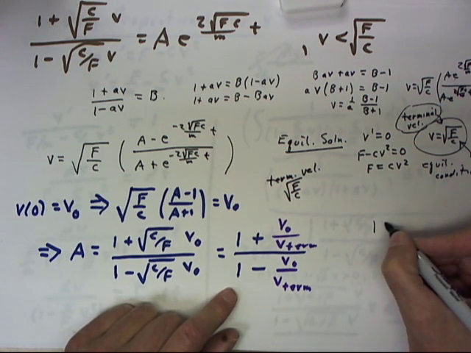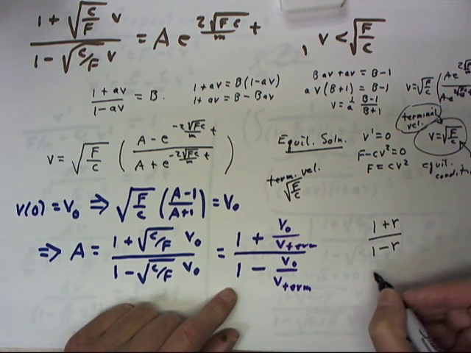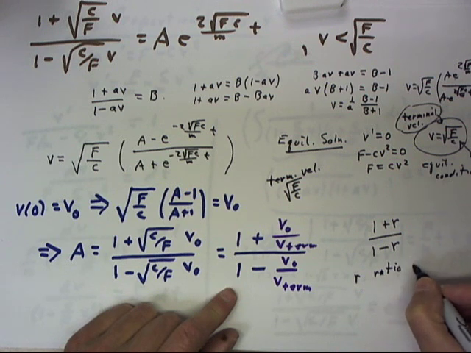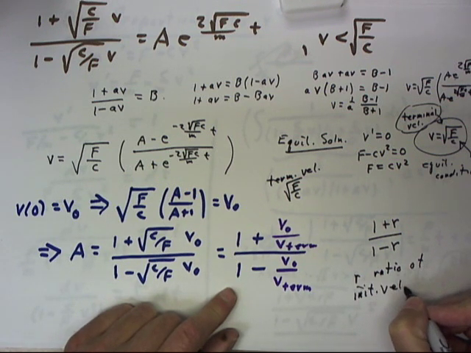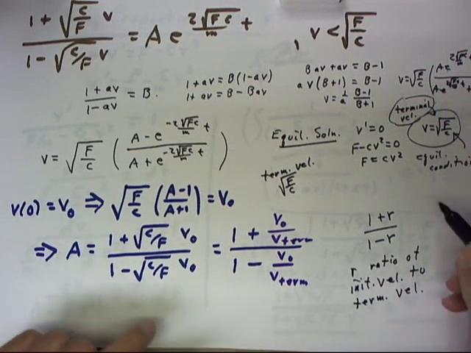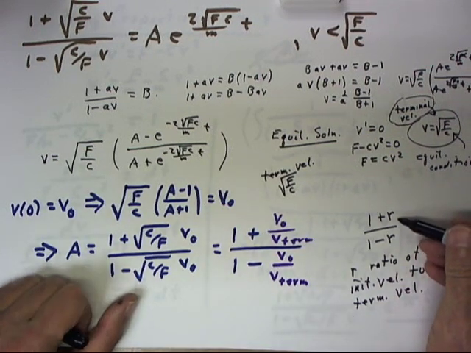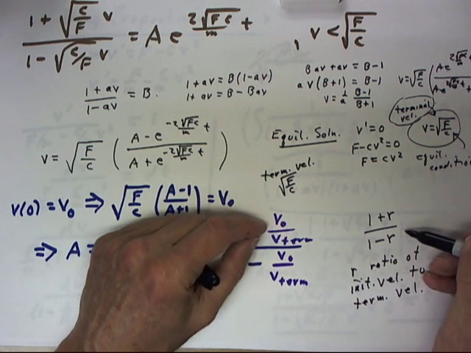This could be written in the form (1 + r)/(1 - r), where r is the ratio of initial velocity to terminal velocity. That is, r could be understood as the fraction of the terminal velocity that's initially present.